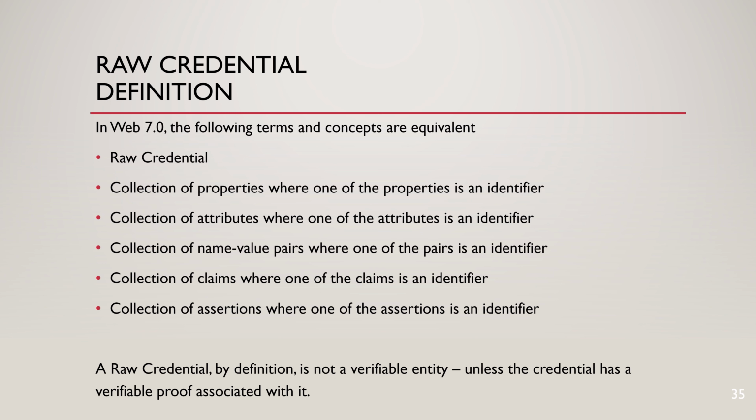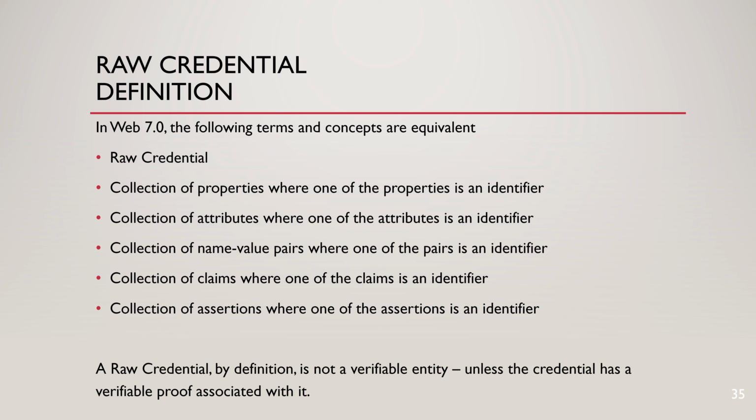So just to dive in a little bit deeper, what is the definition of a raw credential, or what we sometimes refer to in Web 7.0 just simply as a credential? The following list of 6 terms are equivalent in the Web 7.0 model.